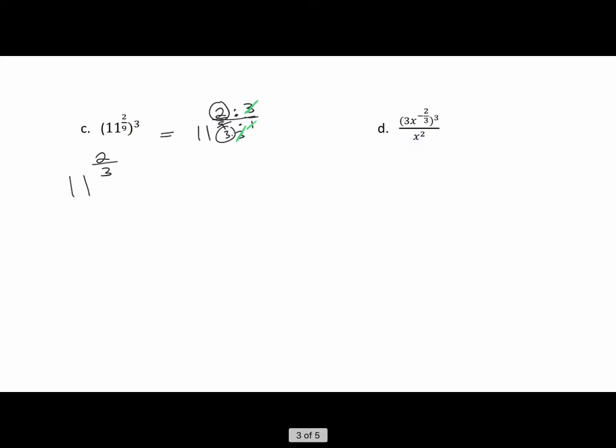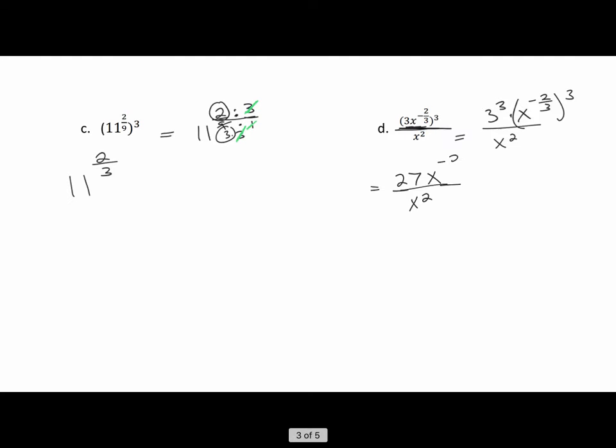D, I've got in the numerator a product to a power. So I have to give each of those factors that power in the numerator. So 3 gets that power of 3, and x to the negative 2/3 also gets that power of 3. So then we want to simplify what we have up there in the numerator. 3 to the 3rd power is 27.